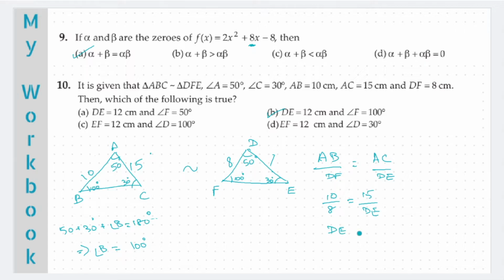So DE is 15 into 8 divided by 10. 2 4s are solving, which we get DE as 12. So DE is 12 centimeter. Angle B is 100, which is also equal to angle F. So option B, DE 12 centimeter and angle F 100 degrees is the correct answer. Let's move on to the next slide.